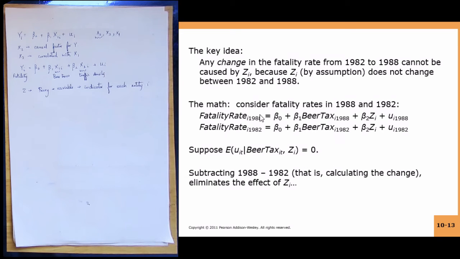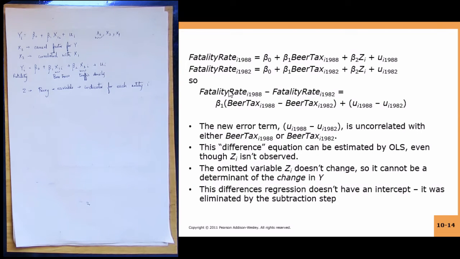So if you subtract the equation for 1982 from the equation for 1988, that is 1988 minus 1982, it eliminates the effect of ZI because these two terms cancel out, and beta 0 also cancels out. So what do we find? Fatality rate I 1988 minus fatality rate I 1982 is beta 1 times beer tax I 1988 minus beer tax I 1982.